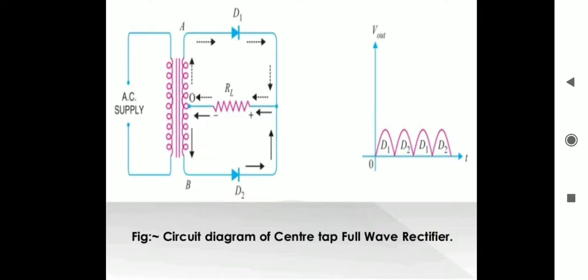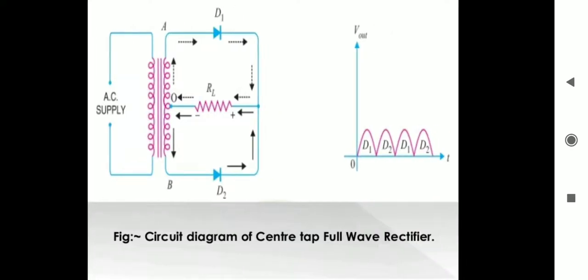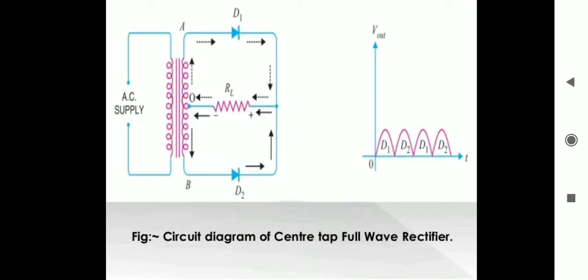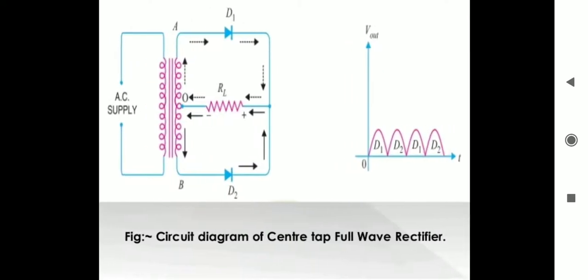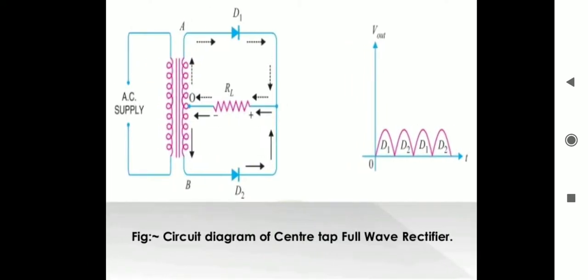As far as the secondary winding is concerned, the upper half above the center tap represents the positive half of the cycle. The remaining part deals with the negative half of the cycle.